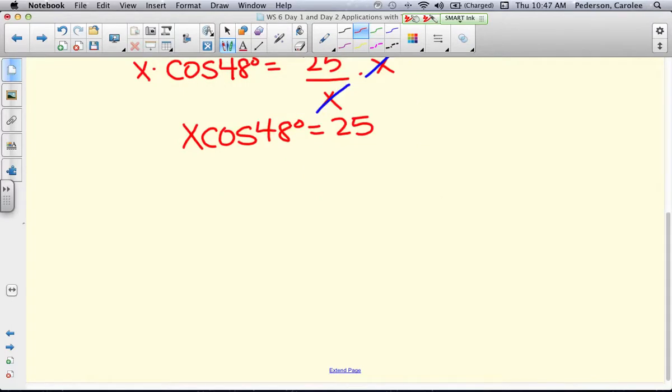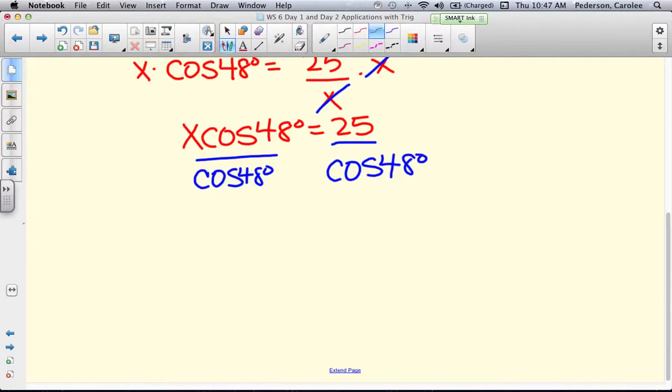Well, what we want to remove is that cosine of 48 degrees. So we're going to divide both sides by the cosine of 48 degrees. And what will cancel out on that left-hand side is cosine of 48 and cosine of 48. So we're left with x equals 25 over the cosine of 48 degrees.